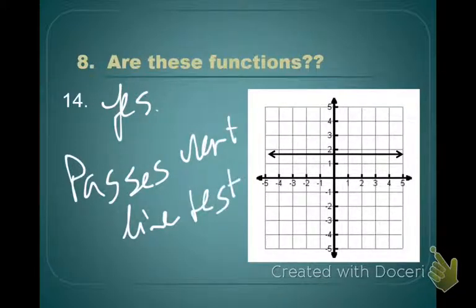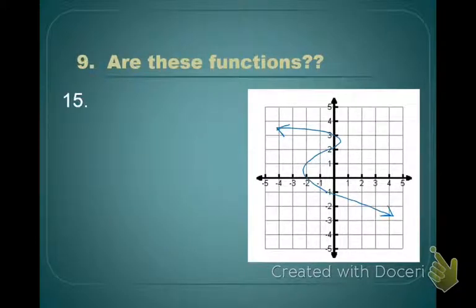But that's why. The vertical line is telling you how your inputs and outputs map out. Okay? What about this guy? No. Right? Boom, boom. Uh-oh, right there. I've hit the graph 3 times right there. So no.